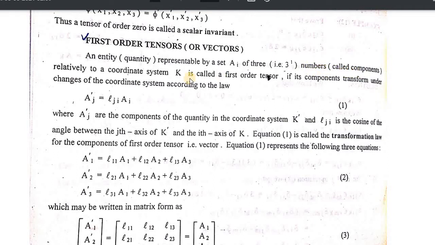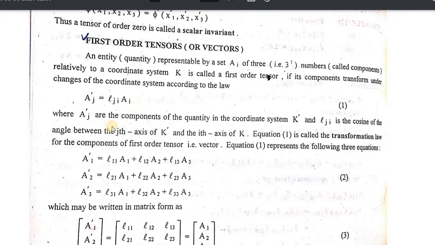These numbers, called components relative to a coordinate system K, form a first order tensor if the components transform under changes of the coordinate system according to the law a_j dash is equal to l_ji a_i.